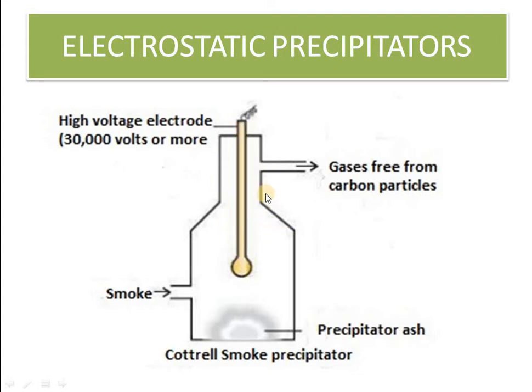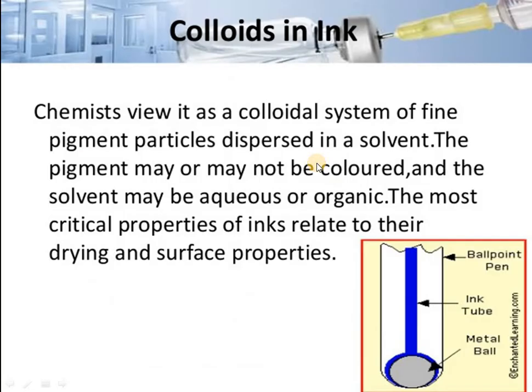One electrode is on the vessel and one is the inside electrode. When high voltage is applied, what will happen? The dust particles will come in contact with the electrode, precipitate and settle down. And gases free from the dust ash will go out through this exit. Okay, this is the electrostatic precipitator.